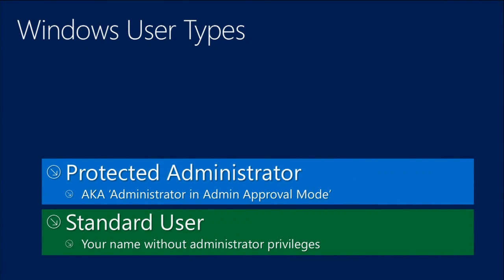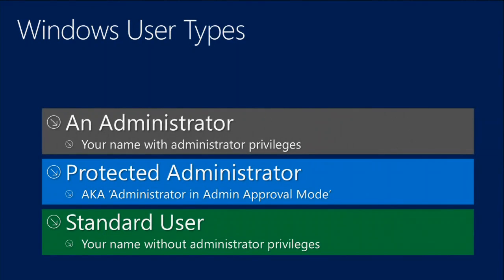It's like undressing the superhero. He's now the normal man. He can do whatever he likes, but he cannot make changes to his system until he approves, until he clicks the button. And the button says, do you want to elevate? At that time, this user at home becomes an administrator, able to make changes to his system.